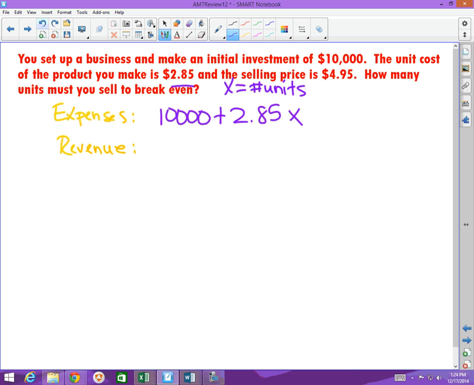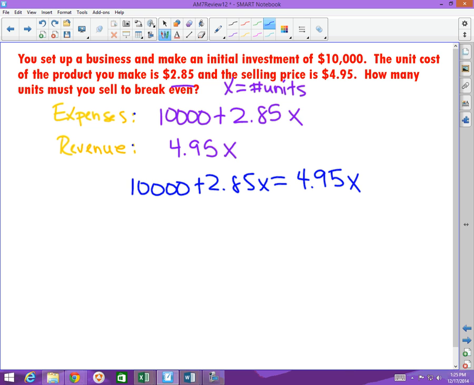The other equation for the revenue, you get $4.95 per unit. And if you're going to break even, these two things have to be the same. So your equation becomes 10,000 plus 2.85x equals 4.95x.